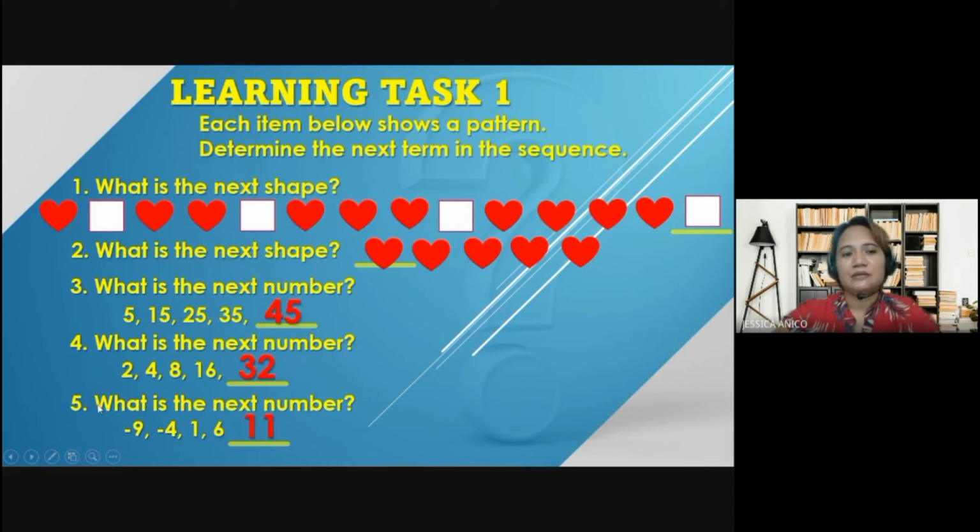Then for number 5, we add 5 from the first term, which is negative 9, until we get the 11. The sequences in number 3 and number 5 were generated by adding 10 and 5 respectively. So we can say that these examples are called arithmetic sequence.